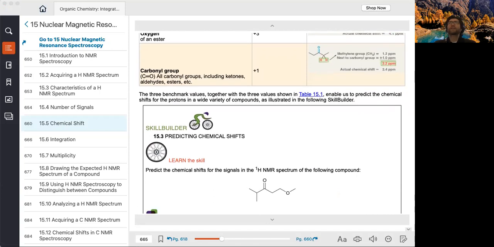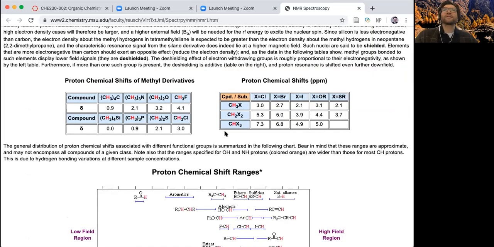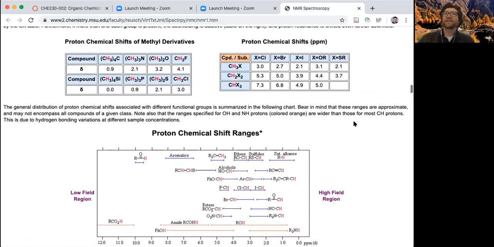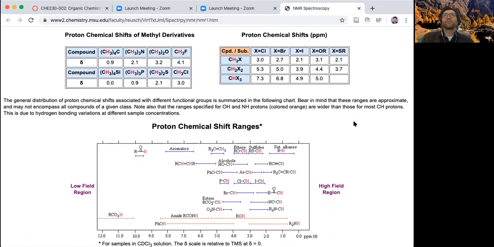There's a nice resource, again, that we can look at from Michigan State. Let's show that. In this resource, which I will post to your announcements on Canvas, the proton shifts of methyl derivatives can be observed here, where if you have methane, you have around 0.9.